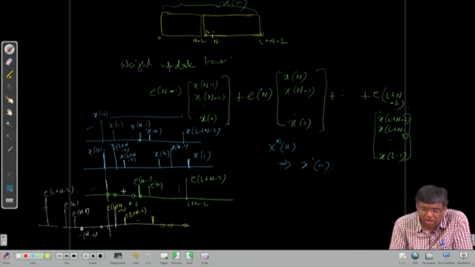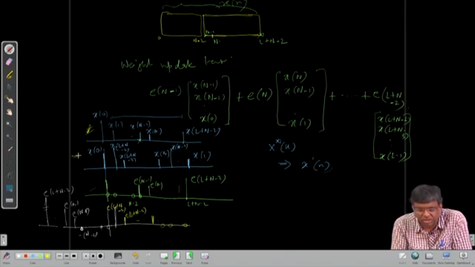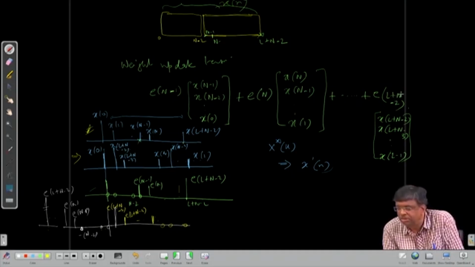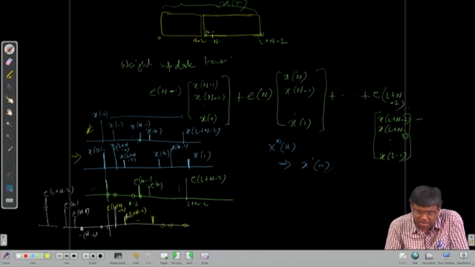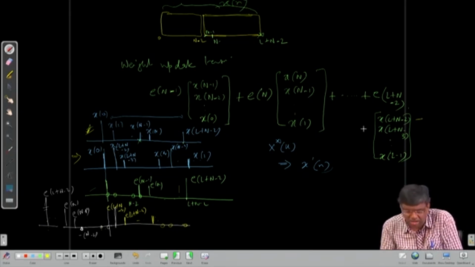Now, if you multiply samples from here and here, since I have taken the conjugate of DFT and then inverse DFT, it is this sequence, this sequence. Now, you see this 0 multiplies this, nothing. So, I start with E of L plus n minus 2 into x of L plus n minus 2, that is this term, plus E of L plus n minus 3 into the next term, which is not shown here, and dot dot dot.